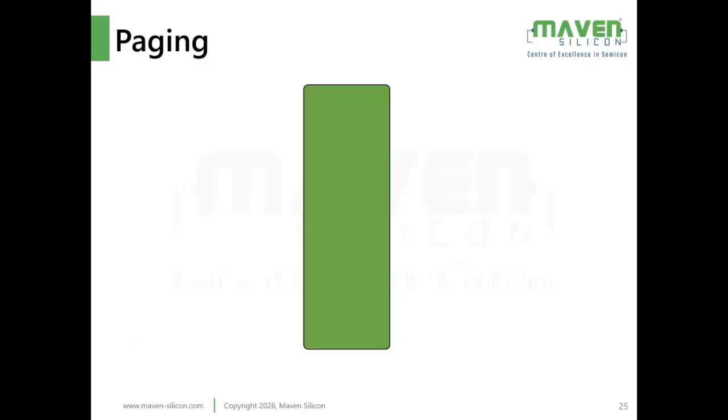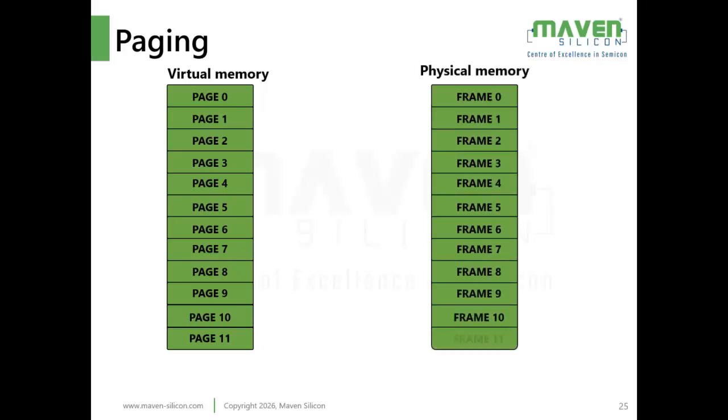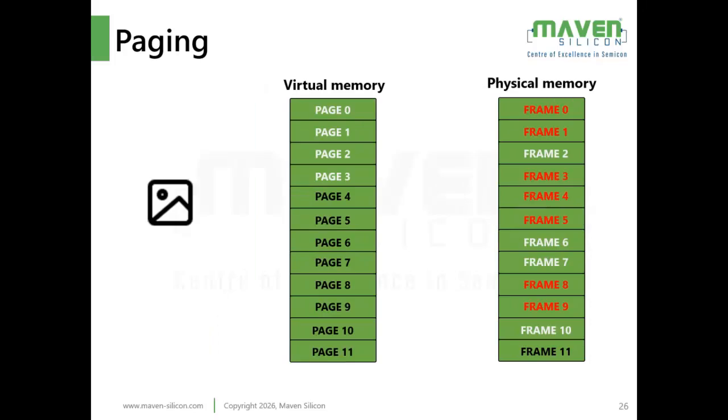Paging. One important technique used in virtual memory is paging. Virtual memory is divided into equal size blocks called pages. Physical memory is divided into blocks called frames. Typically in modern operating systems, the page size and frame size are 4 KB. When a program is loaded, its pages are placed into any available frames in the physical memory.